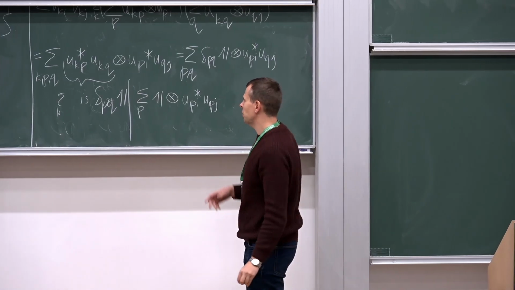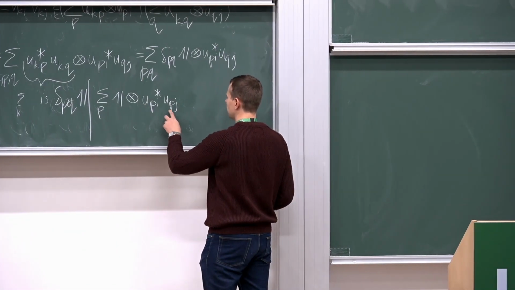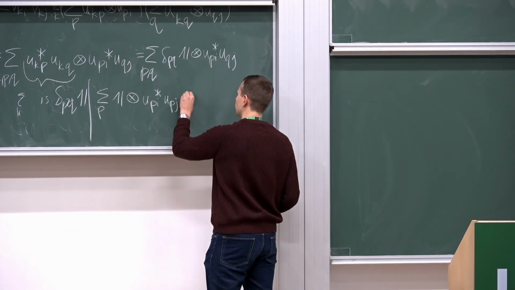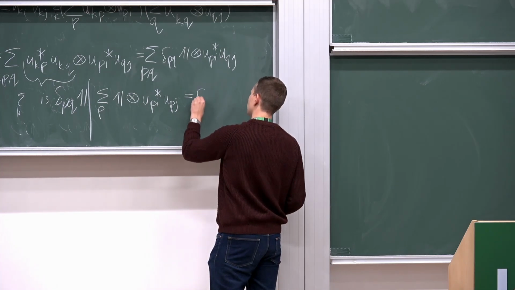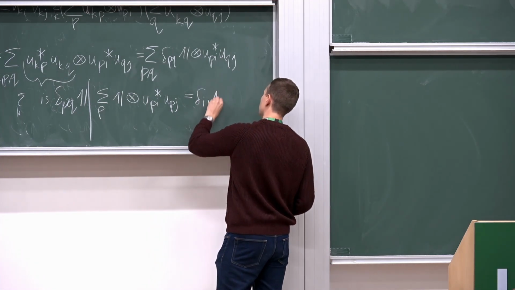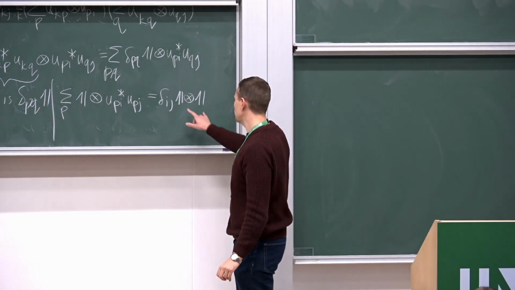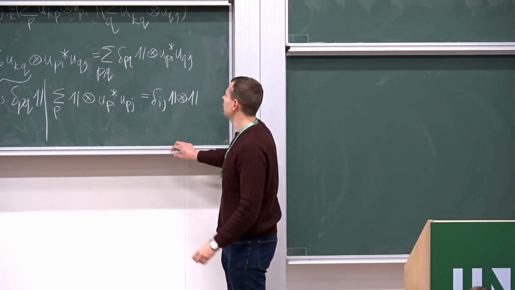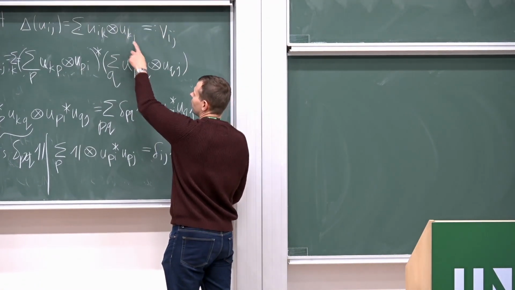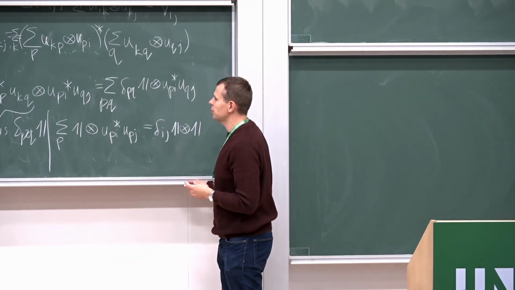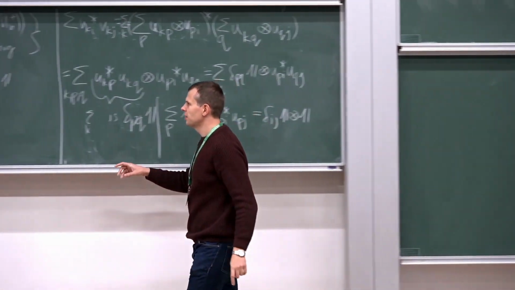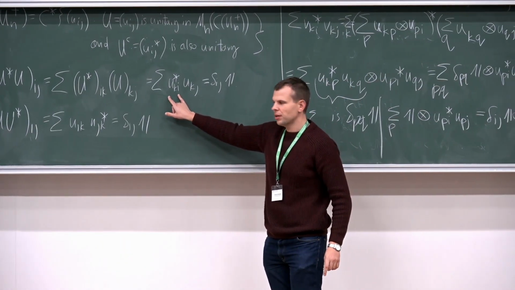This once again is the relation that we know, delta_ij times the unit, which is the unit in the tensor product algebra into which we map. So this relation works.